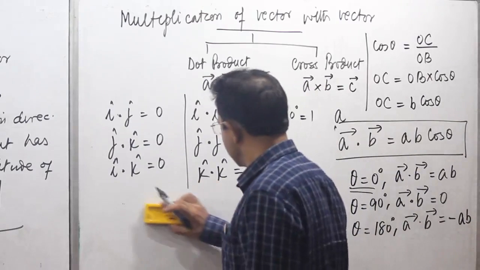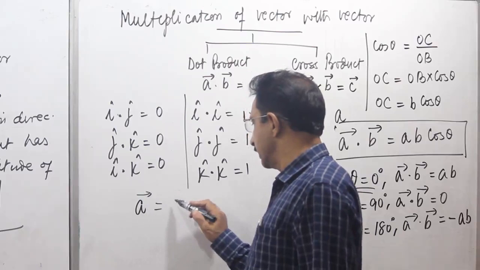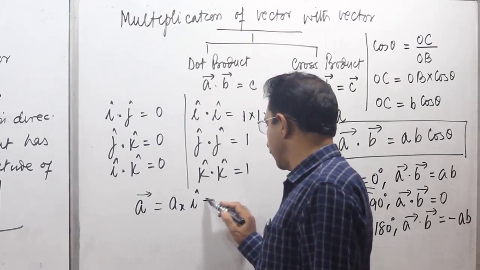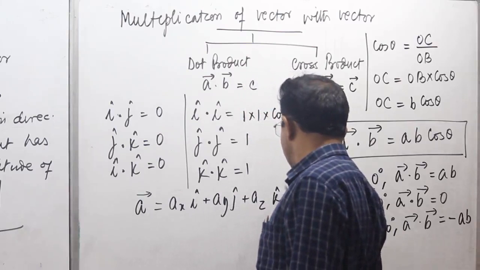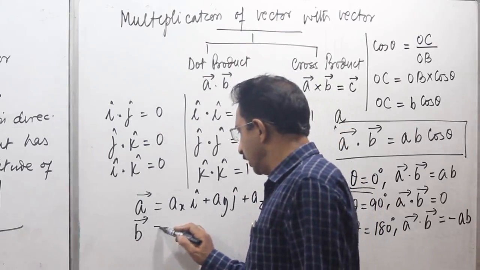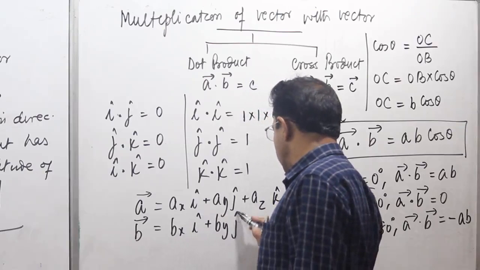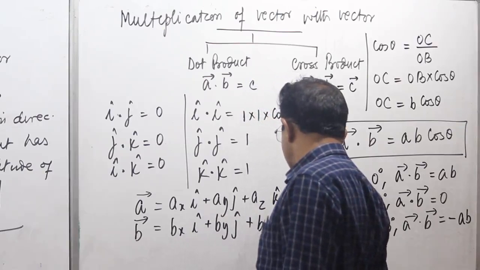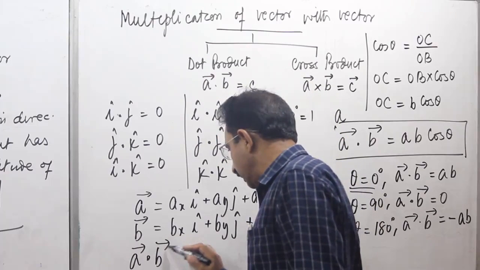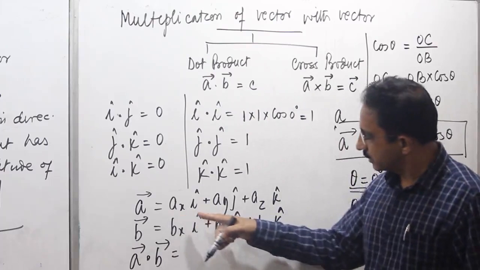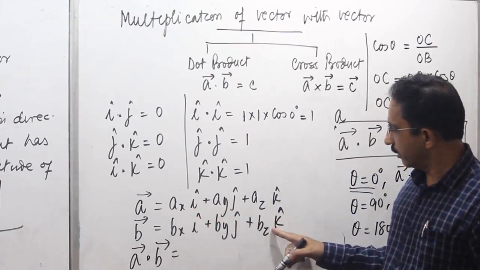So given a vector A, for example, like this, so I have ax i cap plus ay j cap plus az k cap, then I have a vector B equal to bx i cap plus by j cap plus bz k cap. If you are supposed to take A dot B, you will have to start with this. So first multiply i dot j, i dot k.